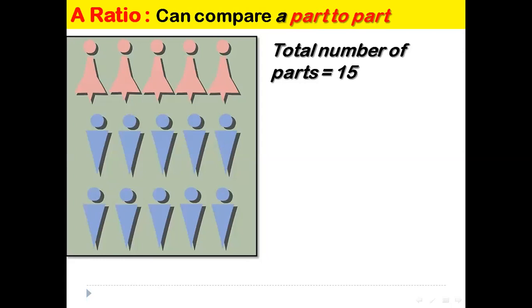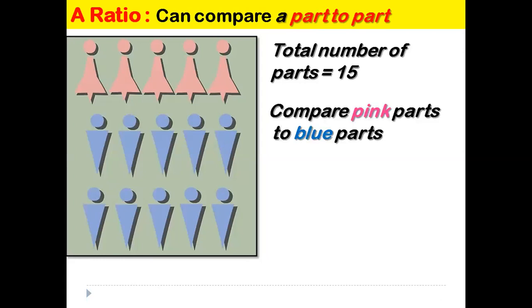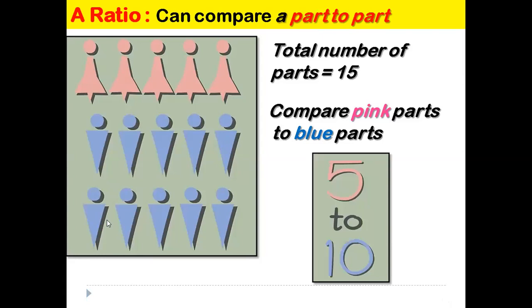If we need to compare the pink parts to the blue parts, how many pink parts are here? You just count them: 1, 2, 3, 4, 5. So 5 pink to, if you count the blue, 10. So 5 to 10, comparing one thing to another.